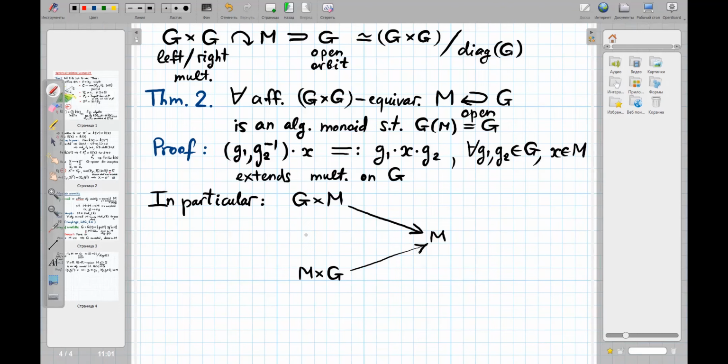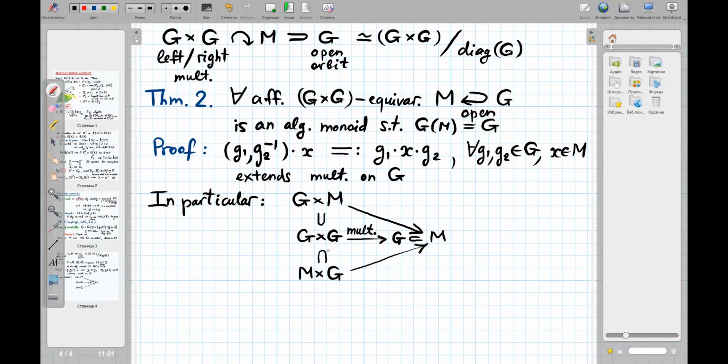And both these maps extend the multiplication map from G cross G to G. We have the usual multiplication map from G cross G to G, which is embedded in M, and we have open embeddings here and here. The upper arrow and the lower arrow extend the usual multiplication map on G.